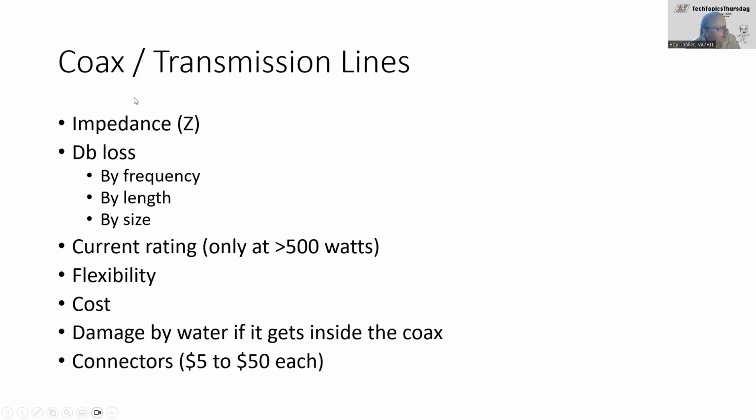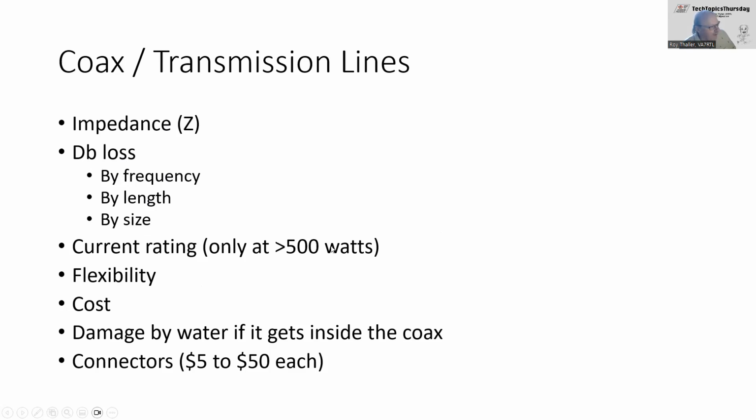When you come to coax and transmission lines, typically impedance, 50 ohms seems to be the standard for amateur radio. 75 ohms seems to be the standard for video transmissions, although they can be somewhat interchangeable. You're worried about dB loss, so you're concerned that, depending on the frequency you use, the length of the cable and also the size of the cable matter.